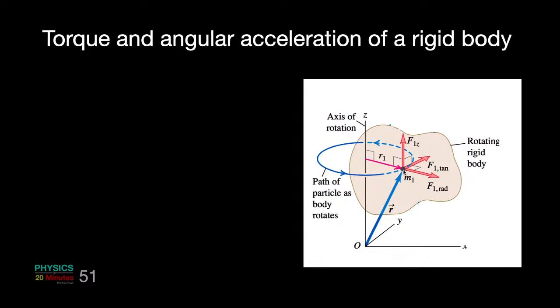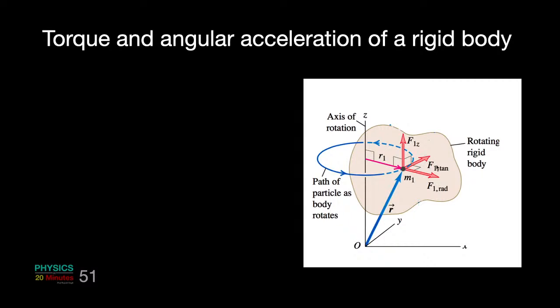Even the component of the force which is along the z-axis will not produce any rotation about the z-axis. We are focusing only on the z-axis right now. So the only force that can change the state of rotation about the z-axis is F tangential. It can speed up the body or it can slow it down.